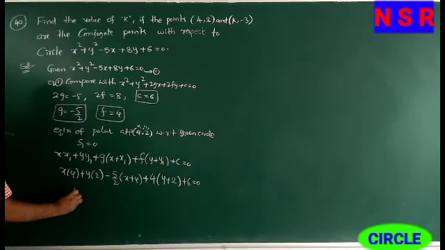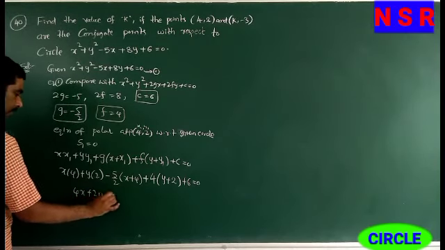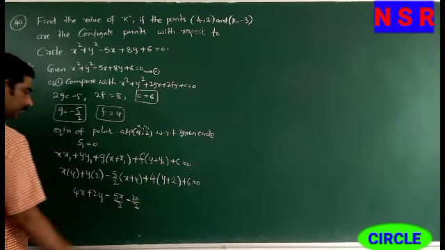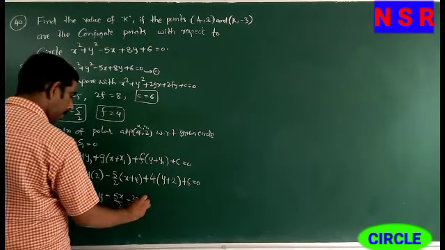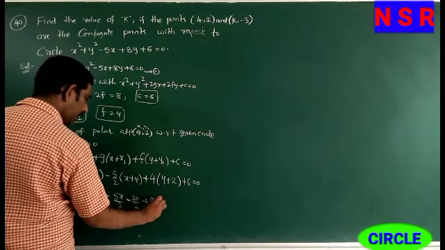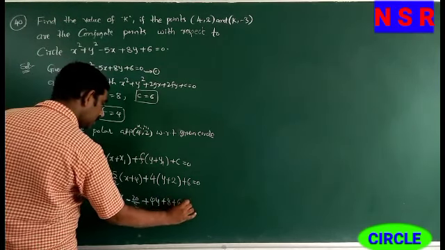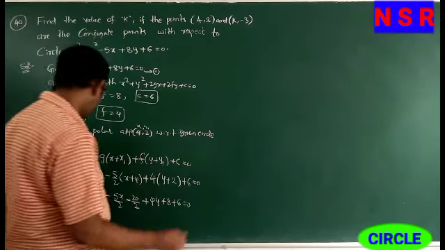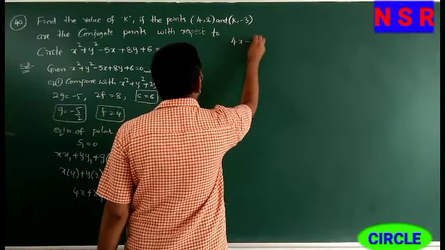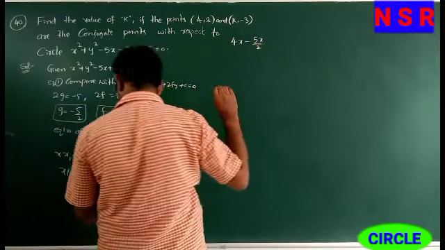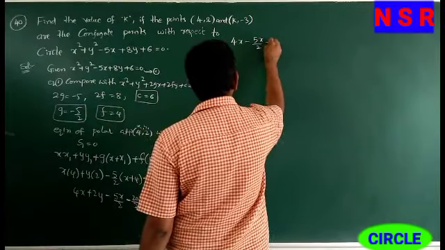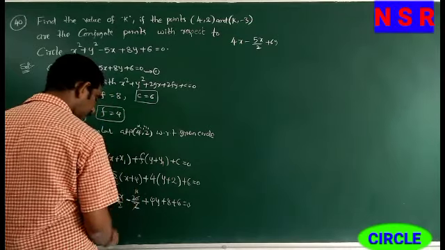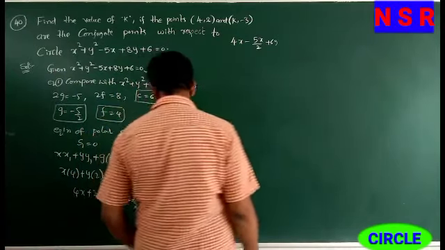Now 4 into x is 4x plus 2y minus 5x/2, then 5 fours are 20 by 2, plus 4y, 4 twos are 8, plus 6. So here 4x - 5x/2. Next 2y + 4y is 6y, and 20 by 2 is -10. So -10 + 8 + 6 is 14.